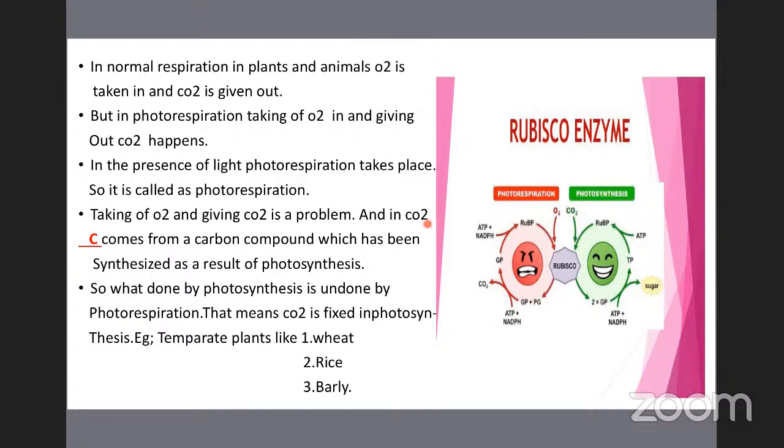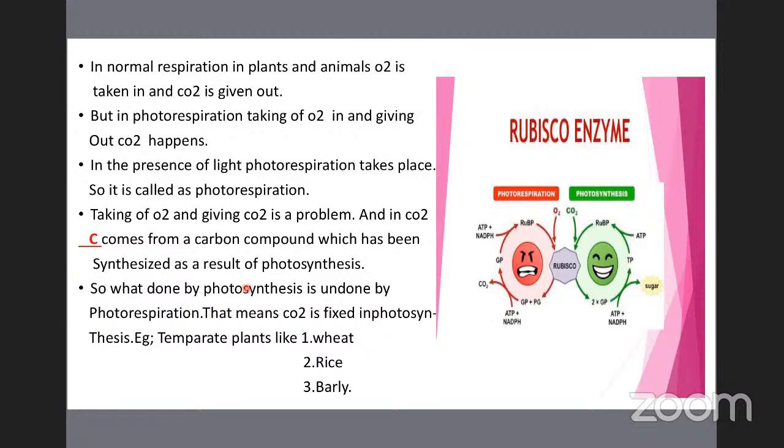In this, the CO2 carbon comes from a carbon compound which was synthesized as a result of photosynthesis. So, what is done by photosynthesis is undone by photorespiration.